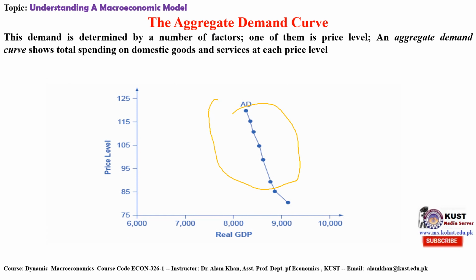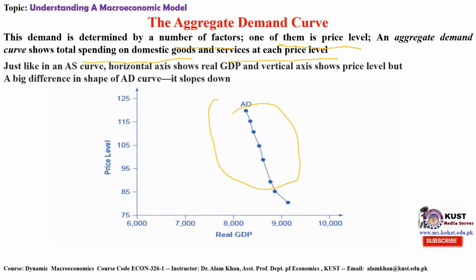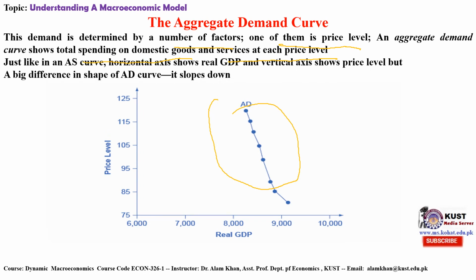This demand is determined by a number of factors. One of them is price level. The aggregate demand curve shows total spending on domestic goods and services at each price level. Just like the aggregate supply curve, the horizontal axis shows the real GDP and the vertical axis shows the average price level.